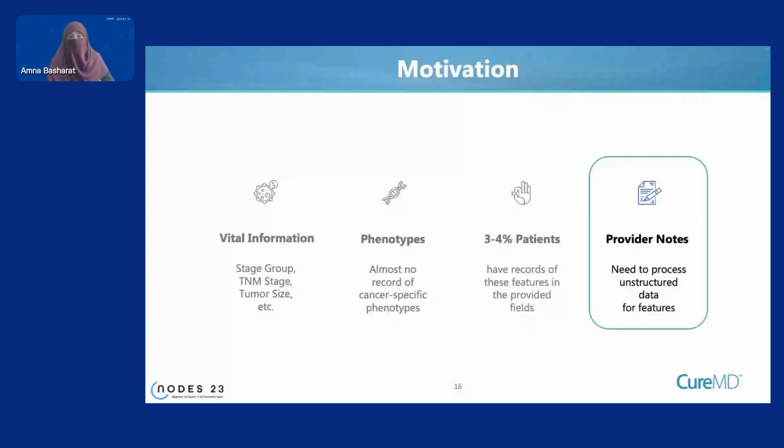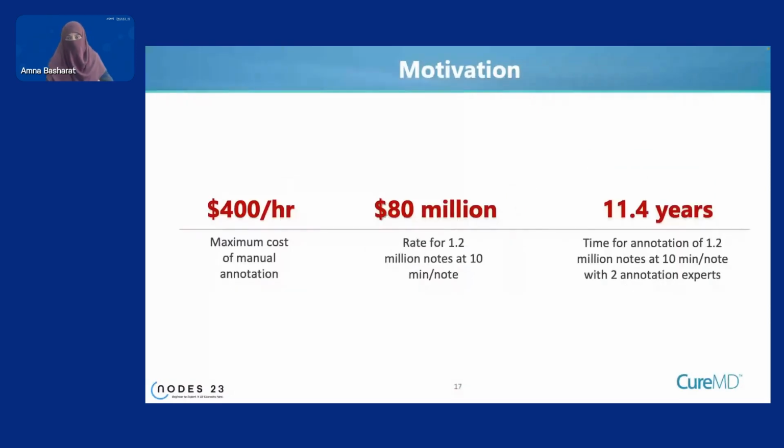And if we were to just estimate the cost of this annotation effort, if we were to have oncologists employed and do this effort, it's quite an investment. If you notice the numbers on the screen, going up to 80 million, and it's a very, very time-consuming process.